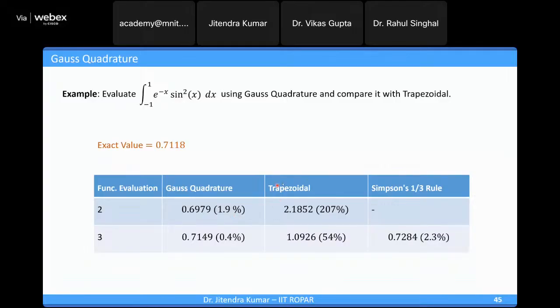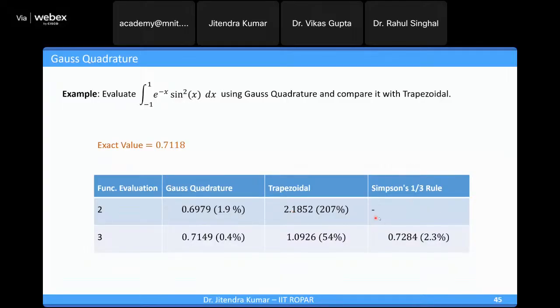If I use the trapezoidal rule, the error will be 200%: the exact value was 0.71, and here the trapezoidal rule gives you 2.1852, with the same computational expense, that means 2 function evaluations.